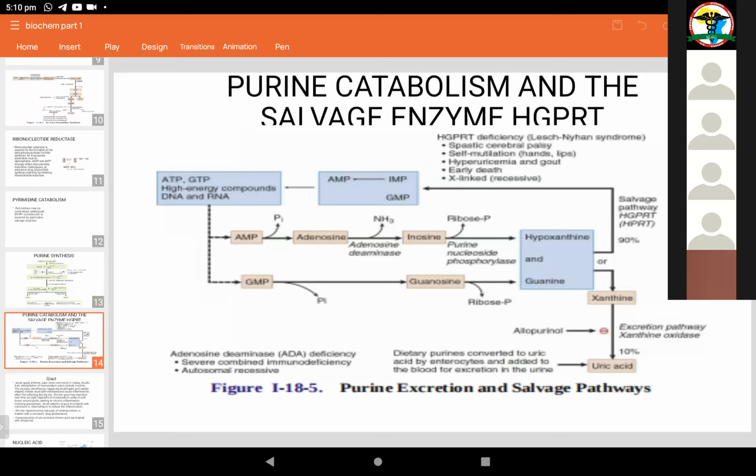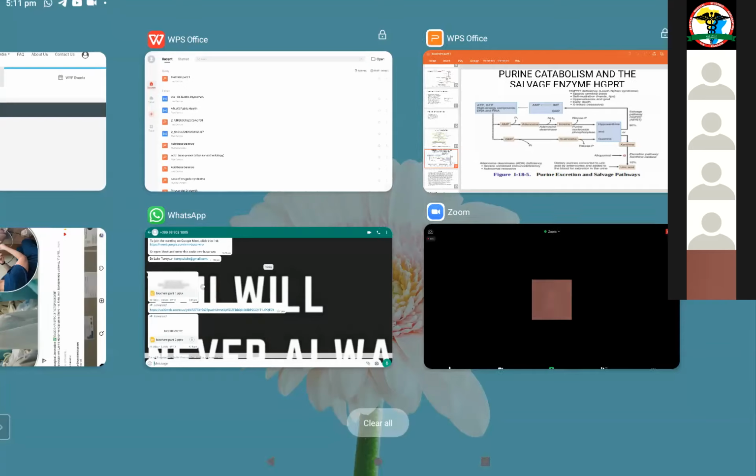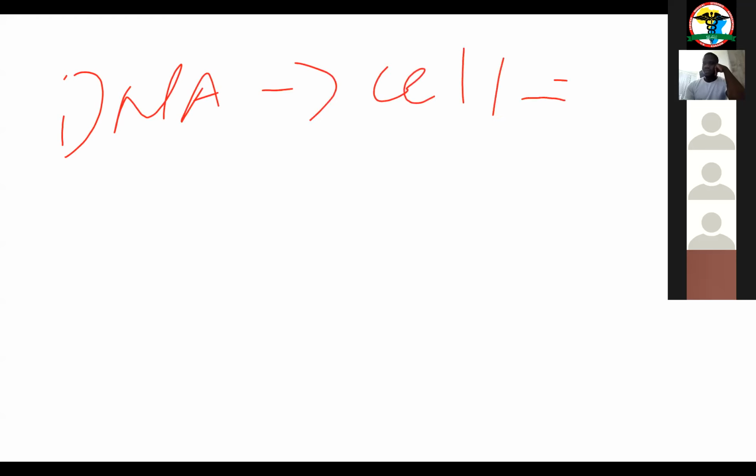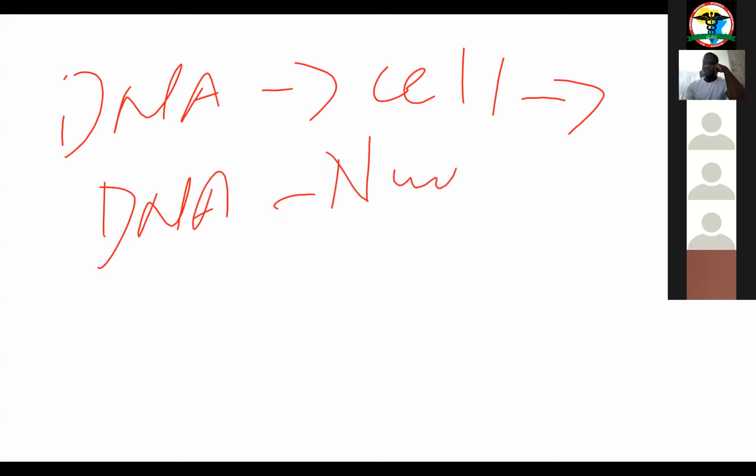So like I said, when you make your purine or when you make your nucleotide, you make your DNA, then you make your cell, then the cell dies. It does what? It spills the DNA. Then the DNA is broken down to these component nucleotides.